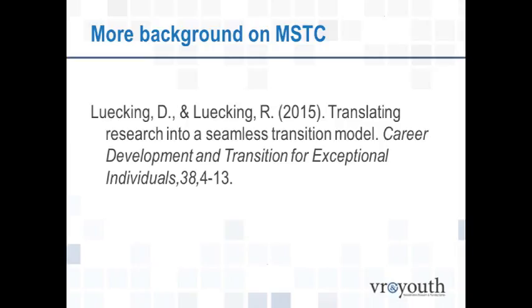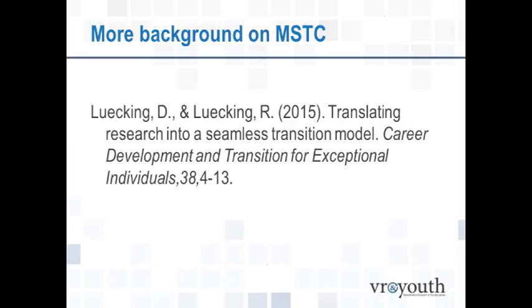So I mentioned that we're doing other research. Currently underway in Maryland is another RSA-funded research study that the Maryland Department of Rehabilitation Services is conducting with the help of some of us at the University of Maryland and at Mathematica Policy Research. And that project will be taking essentially a refined version of the MSTC model and implementing it in a very rigorous randomized control study so that students are recruited to participate in this project.